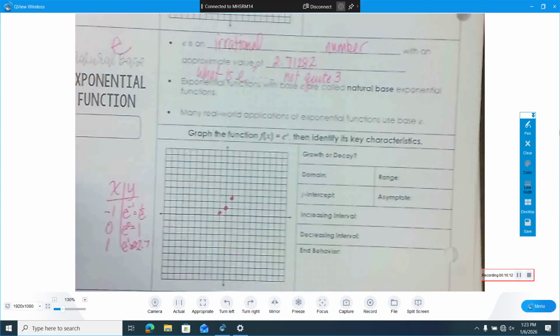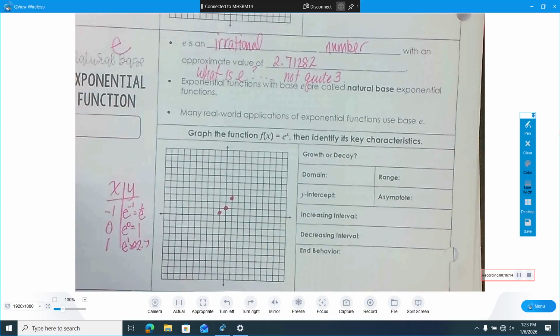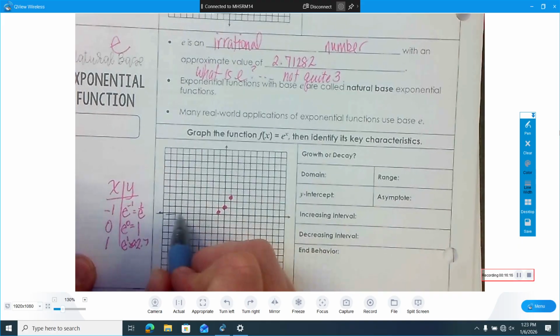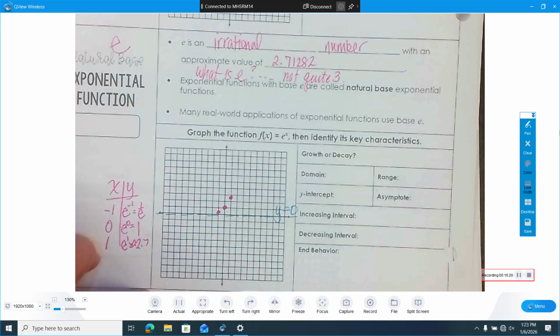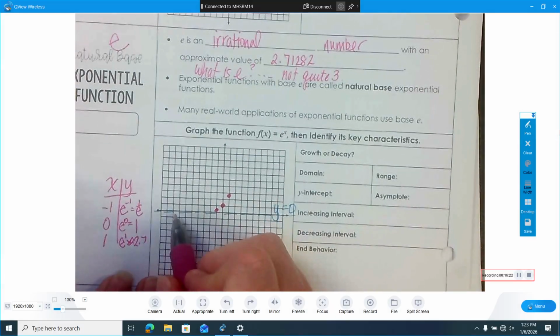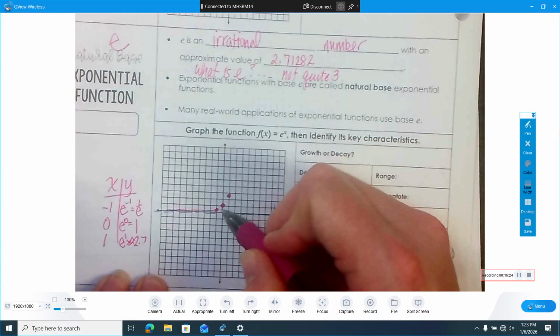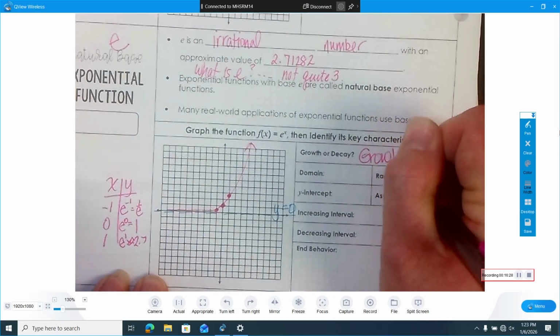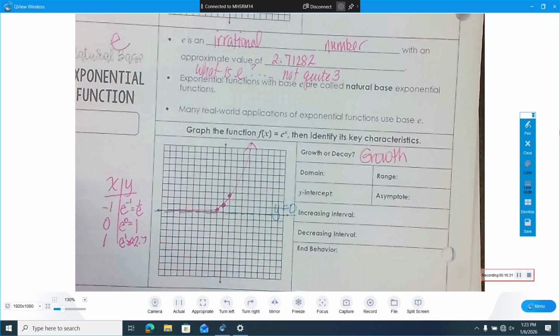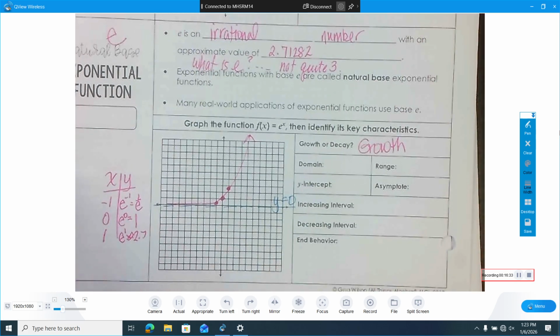Does it have a horizontal asymptote? Yes, it does, which I want you to draw. Is it exponential growth or exponential decay? Growth, because that base value is a number bigger than 1. If the base is bigger than 1, it's going to grow.